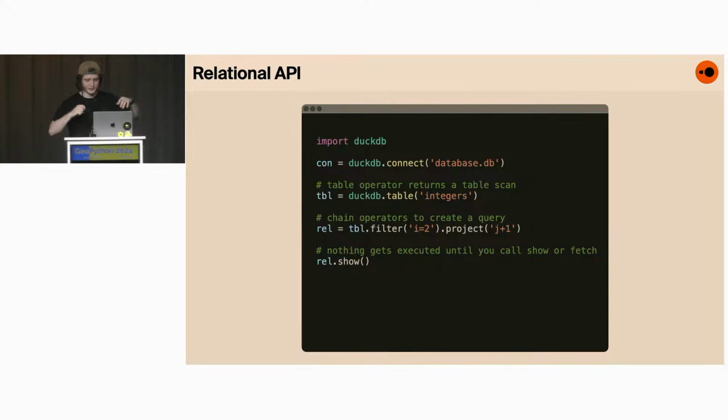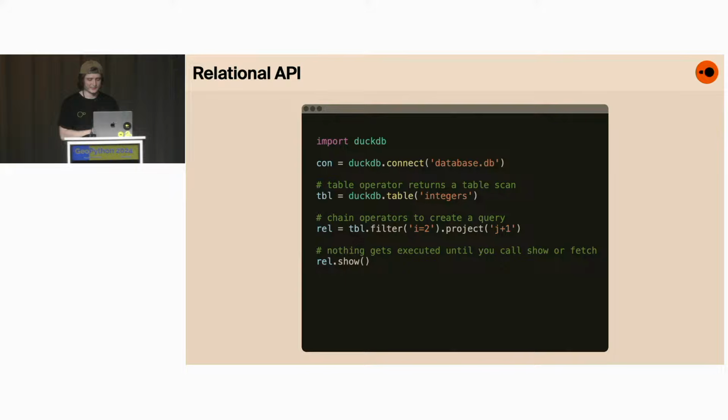And this is pretty cool because basically how it works is that you chain together these operators through Python. But this is a completely lazy API, meaning nothing actually gets executed until you have one of these terminating statements like show or toTable or fetch.